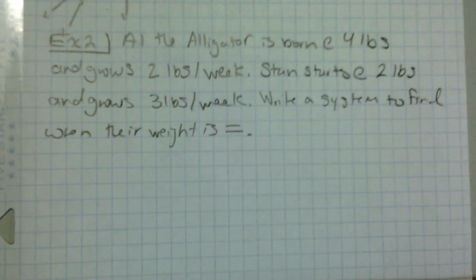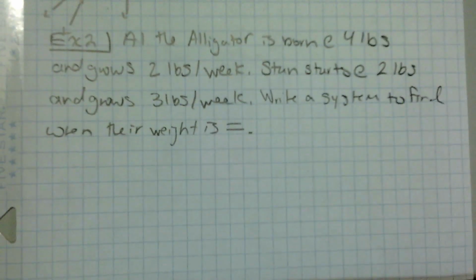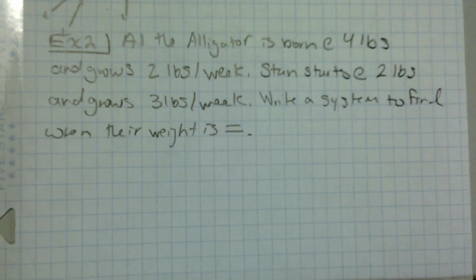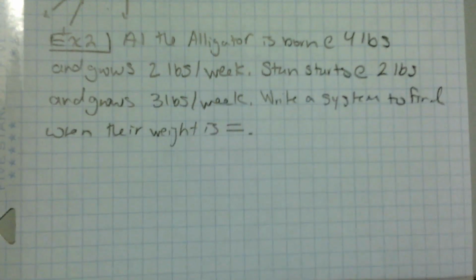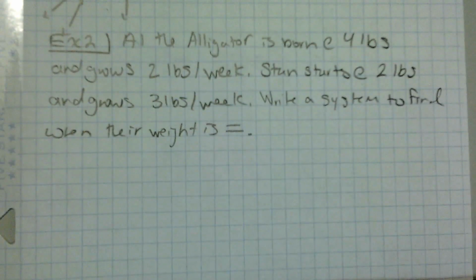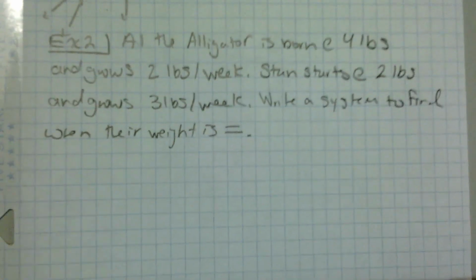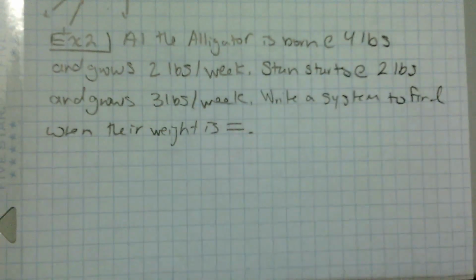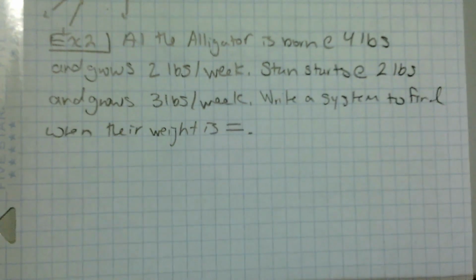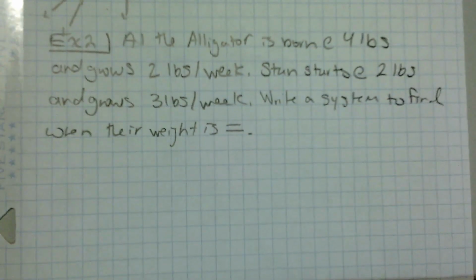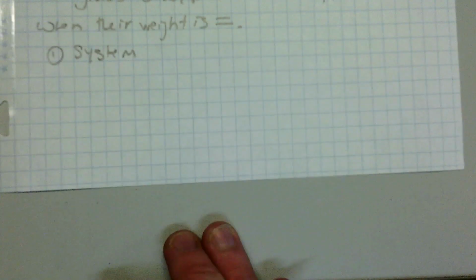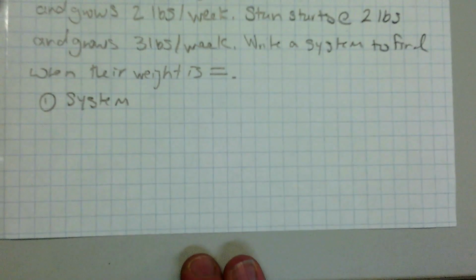All right. So what's important to recognize is that when we write these equations, we are going back to chapter 4 and writing linear functions based on the information they give us. So, step 1, the system. We're told that Al is born at 4 pounds and grows at 2 pounds a week.